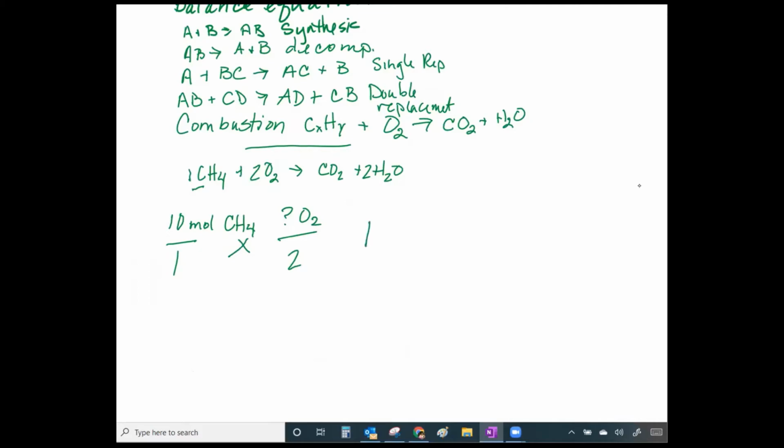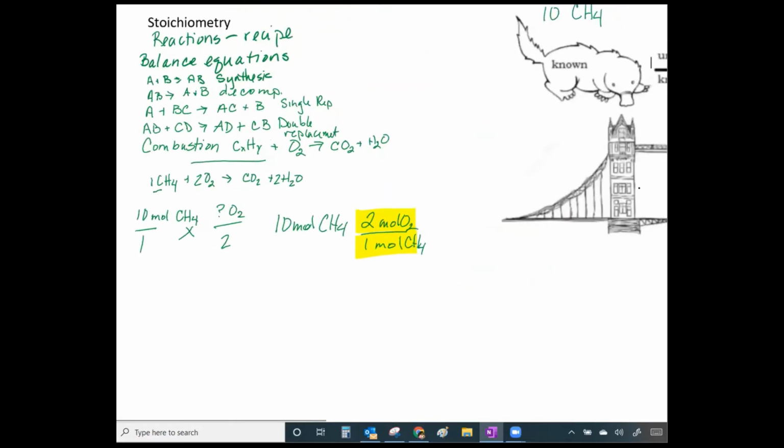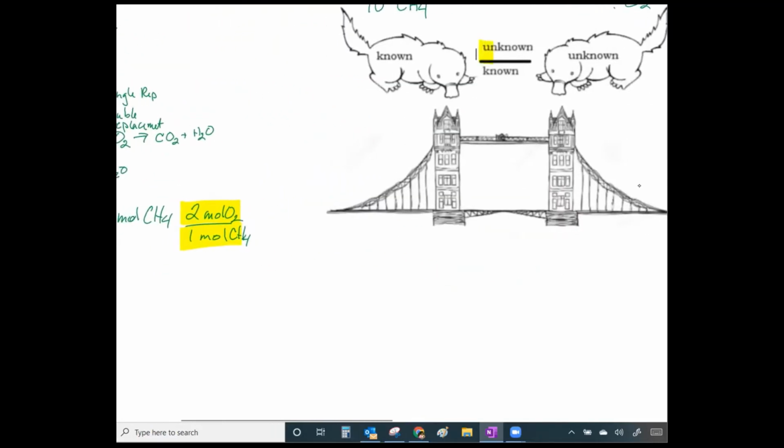I'm going to take 10 moles of CH4 times 2 moles of oxygen over 1 mole of CH4. That right there is our mole ratio. And that is what is going on in the middle of the mole bridge.